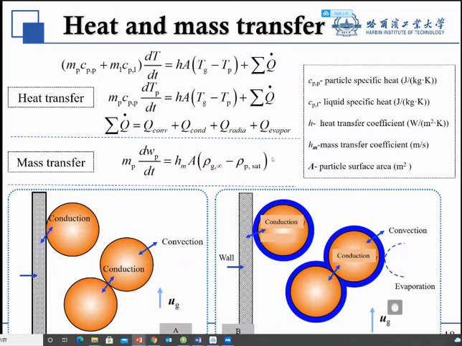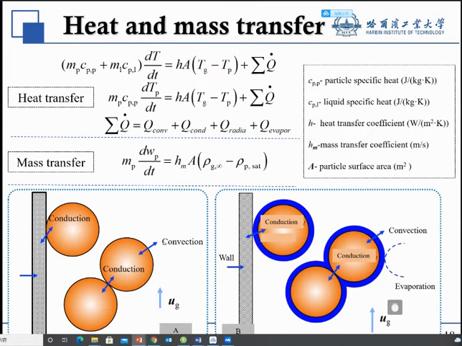On this page, I will introduce the heat and mass transfer models I used in this work. For the left figure, there are three heat transfer pathways we considered, including heat conduction between particles, heat conduction between particles and walls, and heat convection between gas and particles.